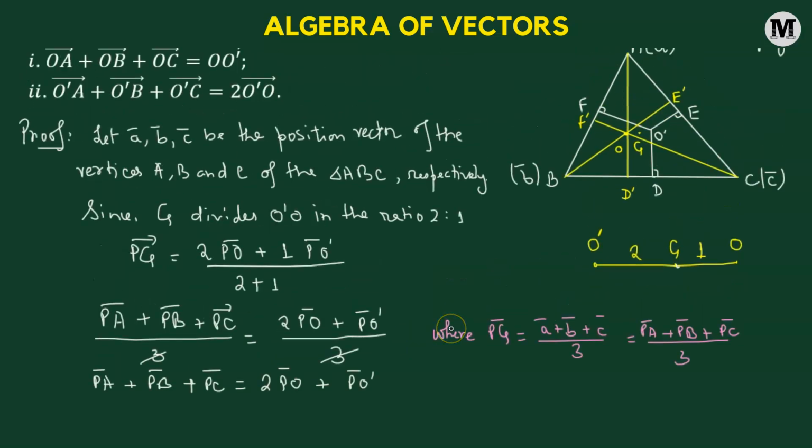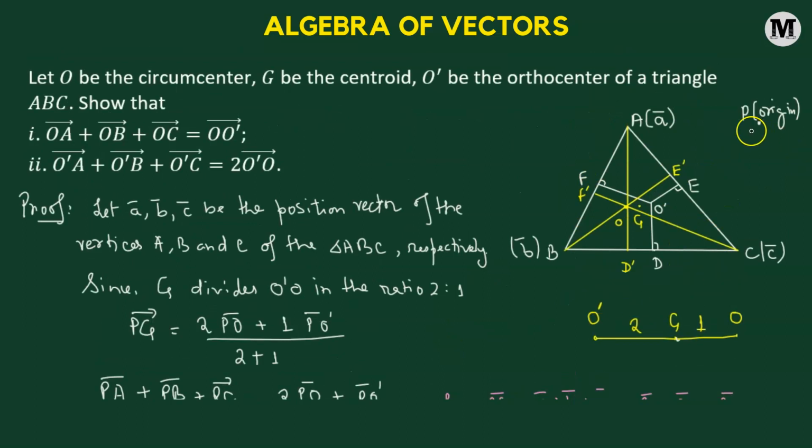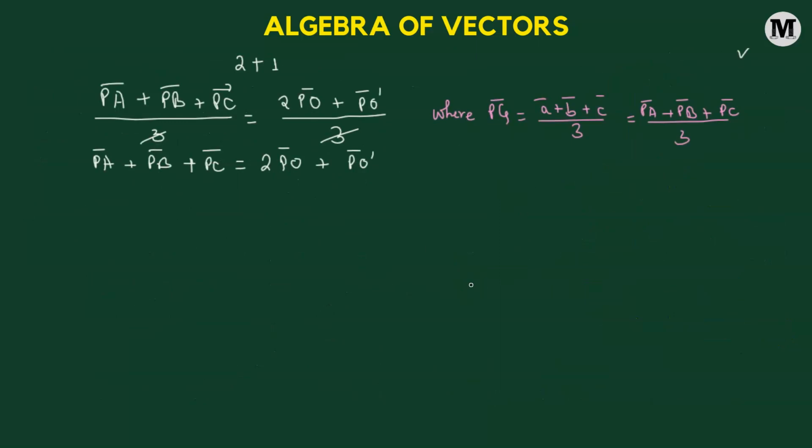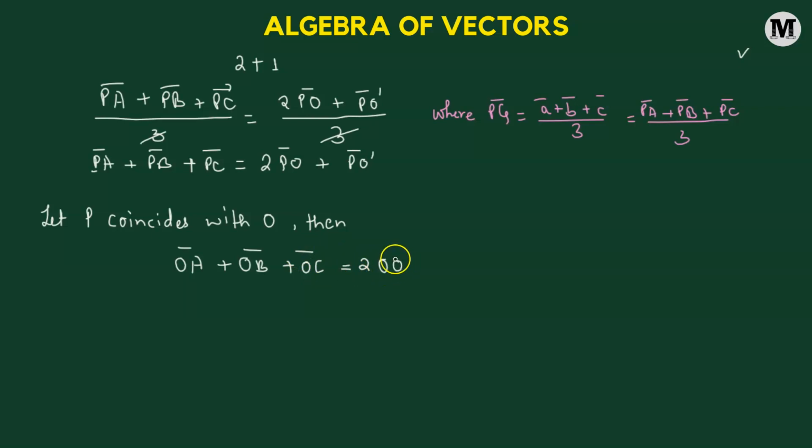So what we'll do, let's say the origin coincides with the circumcenter of the triangle. So we will make this assumption. Let P coincide with the circumcenter O. Then in that case, all we have to do is replace this P with O. So we have OA vector plus OB vector plus OC vector equal to 2 times OO vector added to OO prime vector.